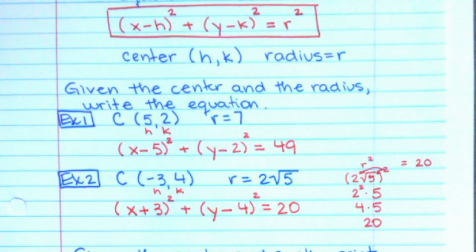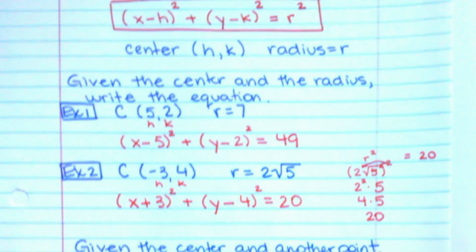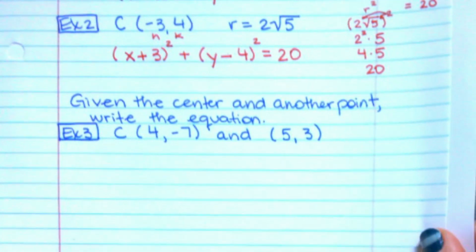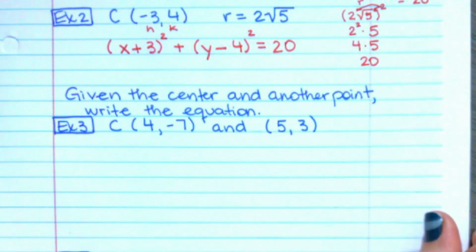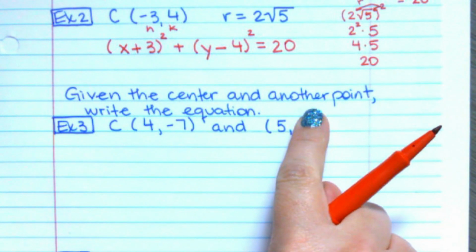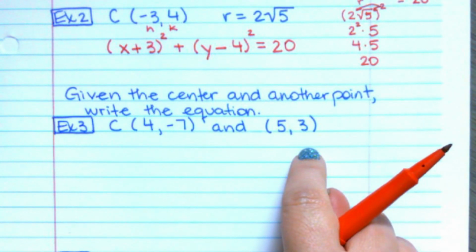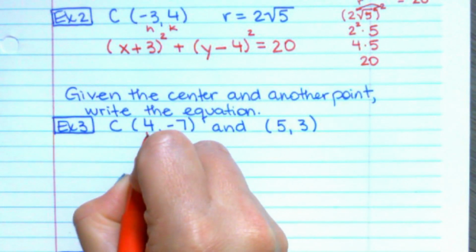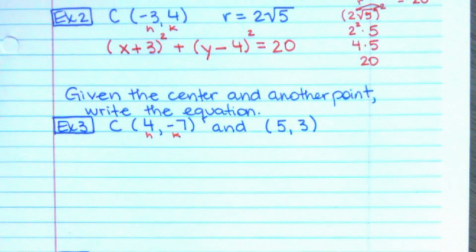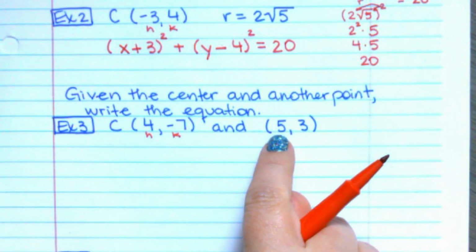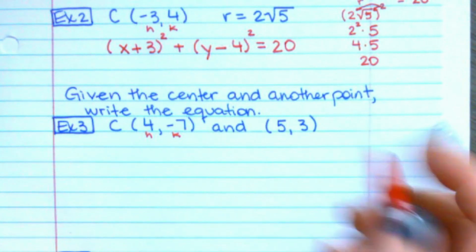All right. Now, I have a couple more where I don't have the radius, but I do have another point. And from that point, I'm going to be able to find the radius. So the center is still H and K. That will never change. And then I'm going to use this point to find the radius.